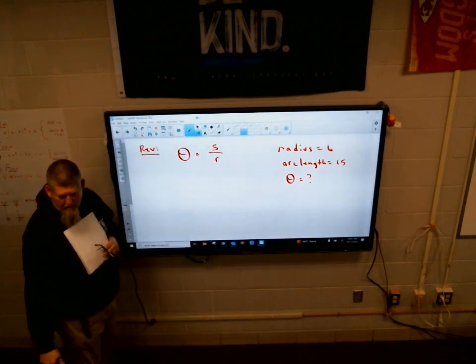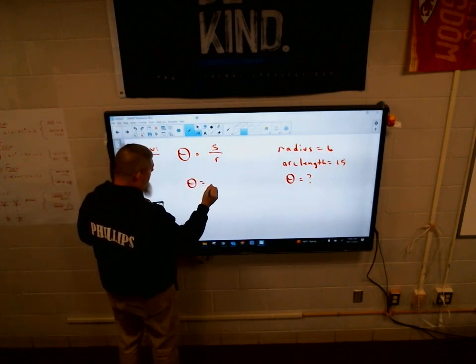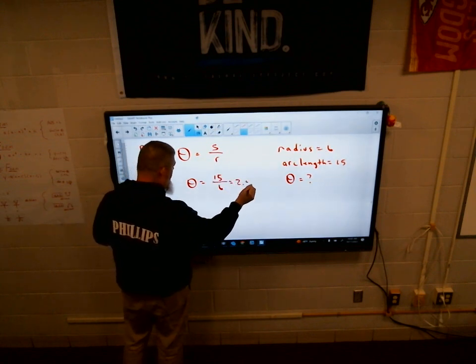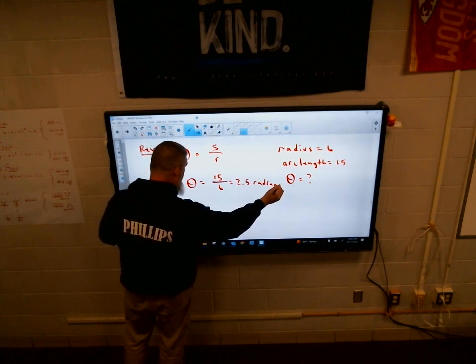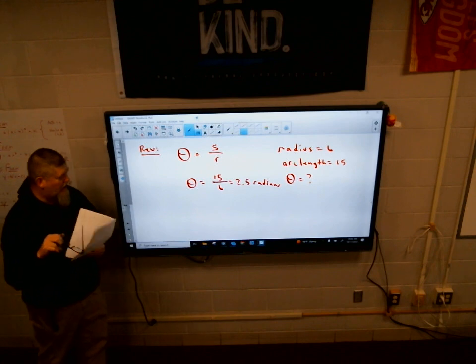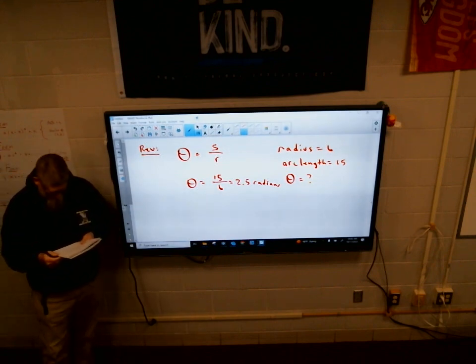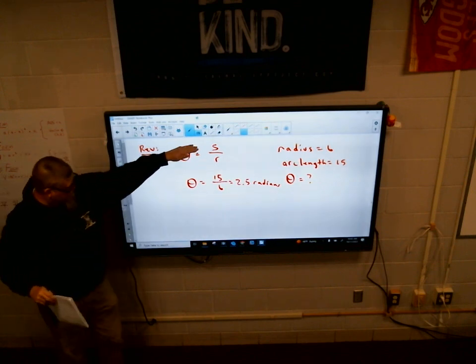So the central angle would simply be 15 over 6, which gives us 2.5 radians. We simply use that formula, arc length. Would it be 2.5 pi radians, or just 2.5? Just 2.5, because there's no pi involved, it's just 15 divided by 6.